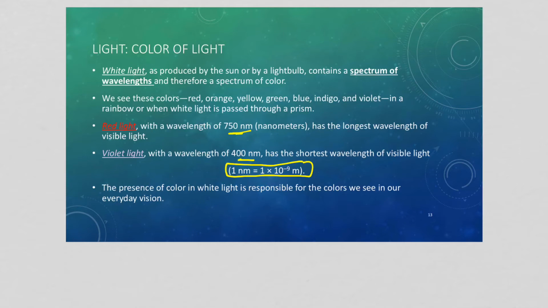What's happening is white light, say from the sun or other forms of light, is hitting that object, and certain wavelengths are being reflected and certain wavelengths are being absorbed. The wavelengths that are reflected are what we see. So when something looks red to us, that means it's reflecting red light but absorbing other colors of light. So all we see coming off of it is the red light. And that's how things appear different colors to us.